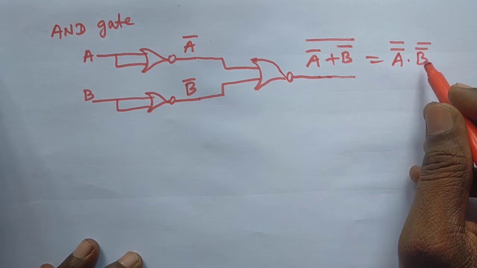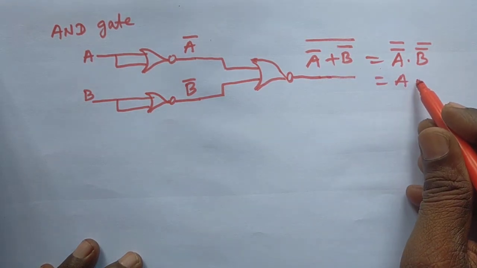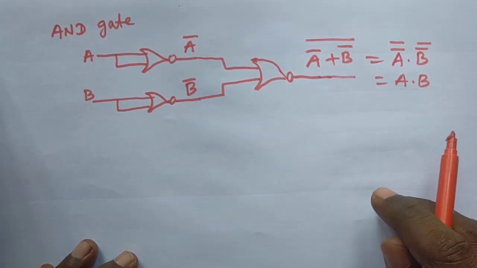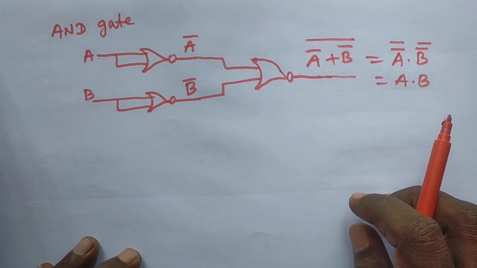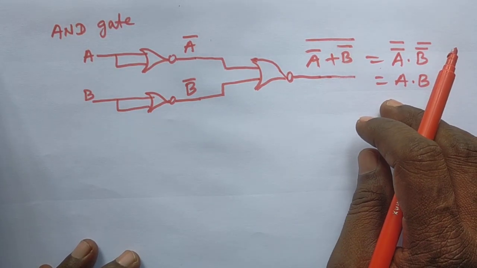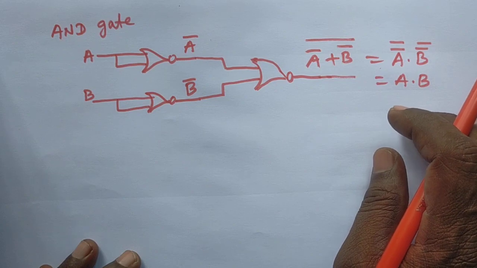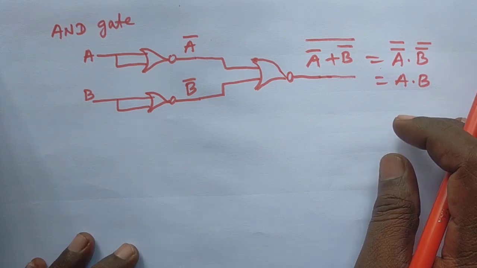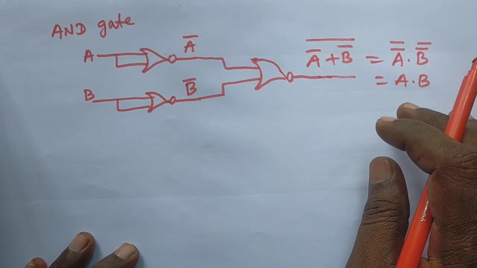So the total result will be A dot B. Very simple, whenever we go through any complement, we can get it in this manner.